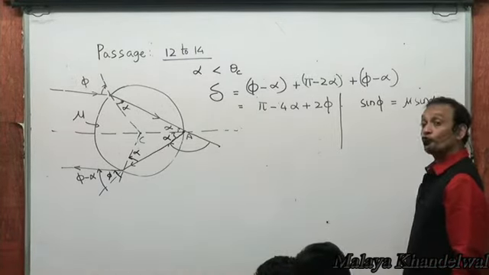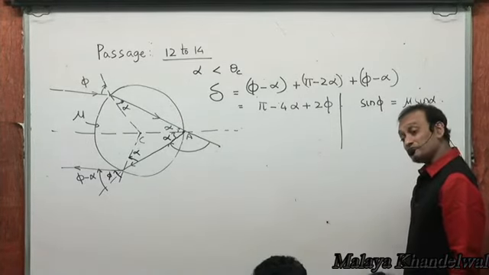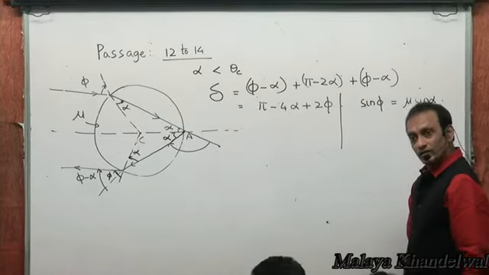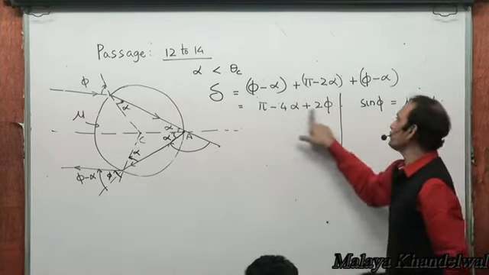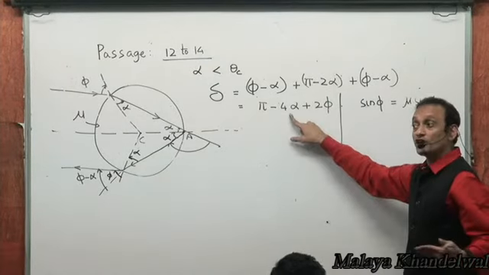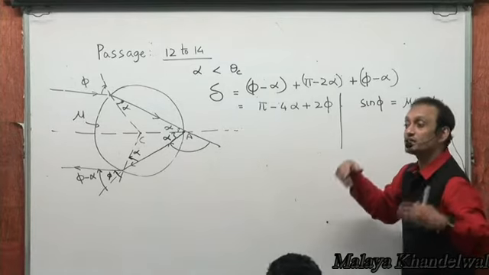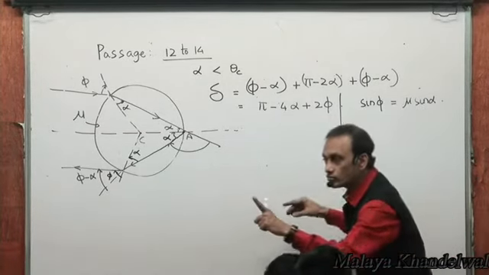Now, for delta to be delta min, delta is a function of phi, and alpha is also a function of phi. So for delta to be minimum, d delta by d phi must be 0.